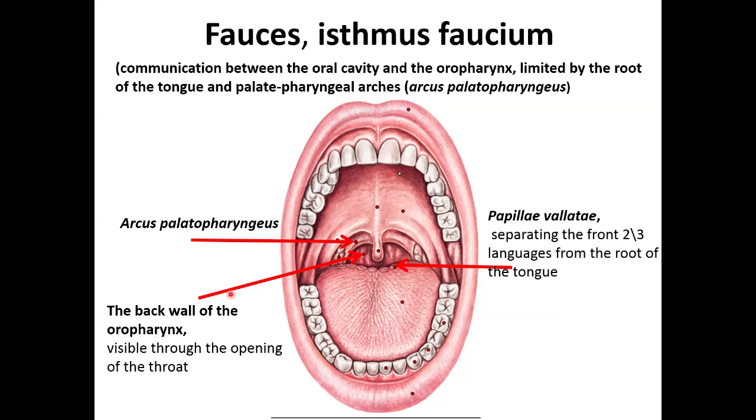So now we know what is the opening between mouth, oral cavity, and next part of the alimentary canal, exactly pharynx.